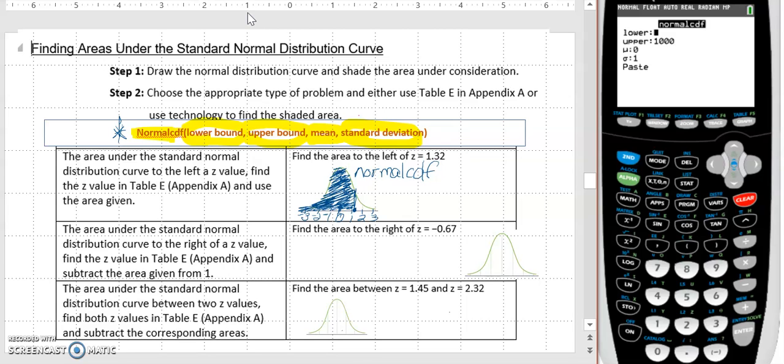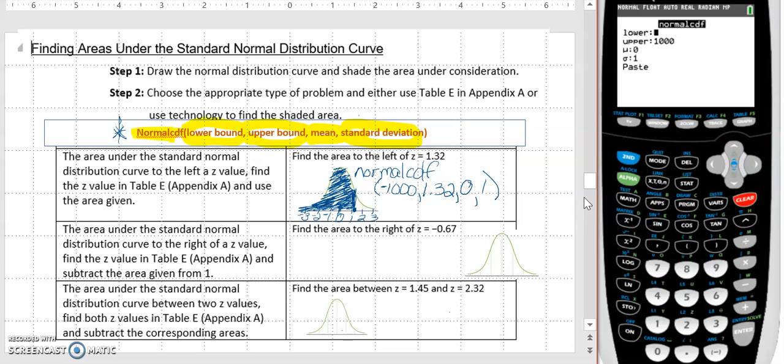It doesn't have to be outrageously small. So I'm going to use for my low bound a -1,000. And then it's shaded, shaded, shaded until I get over here to the upper bound, and the upper bound is sitting at that 1.32. And the mean, since this is a standard normal curve, is equal to 0, and the standard deviation is equal to 1.